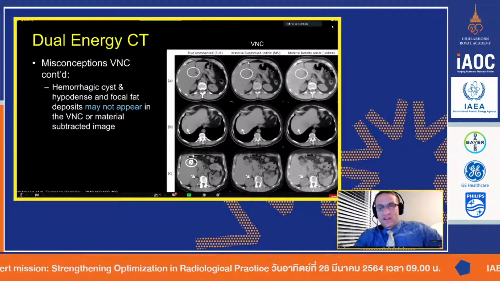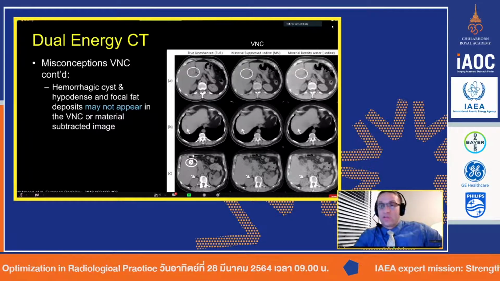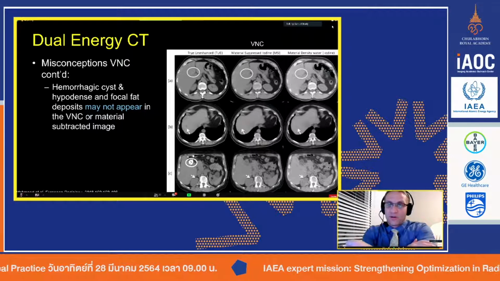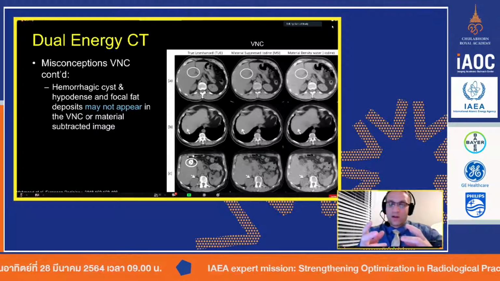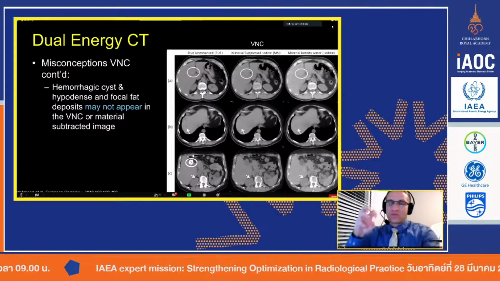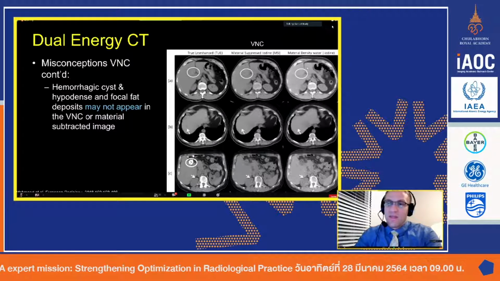Then in the center here, these are patients that were imaged with dual energy. These patients had contrast on board and were acquired with contrast, but then we mathematically subtracted it, and this is called the virtual non-contrast.